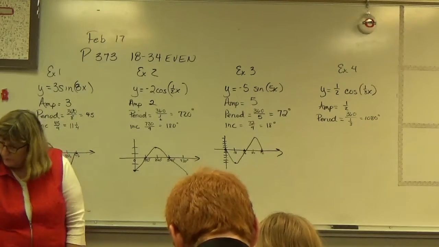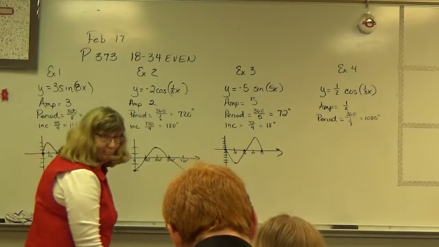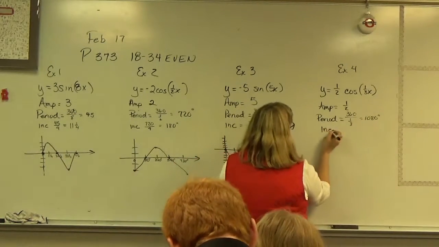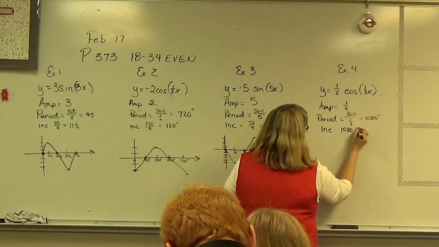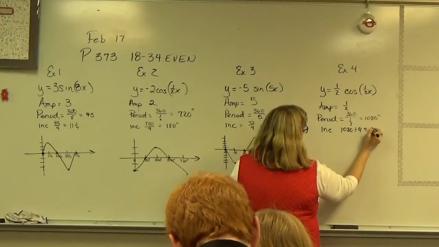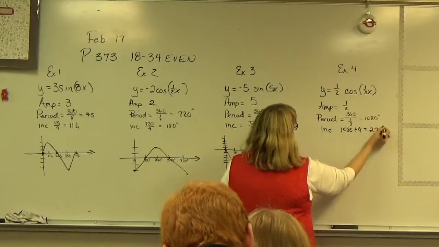Now, what are those increments going to be, JC? 1080 divided by 2. So that's going to be what? 270. 270 is right.